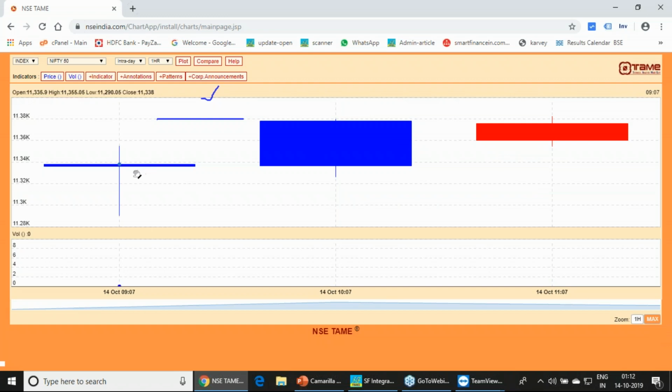Once I focus on the first candle, it is giving me the open as 11,336. High was 11,355. All the 5 paisa, 10 paisa, I am just negating. Low was 11,290 and closing was 11,338. I will request all of you to take note of this.